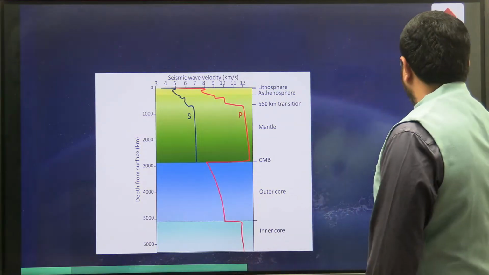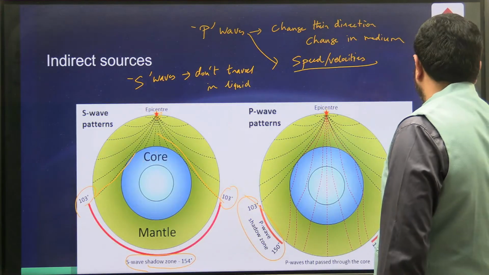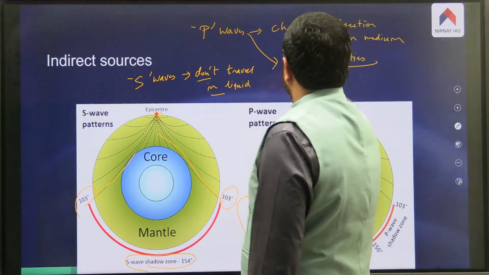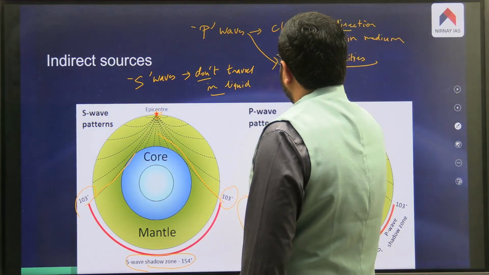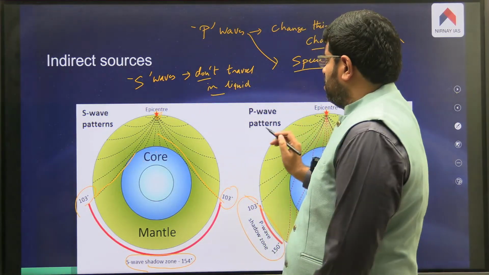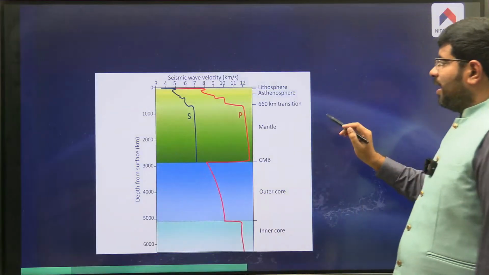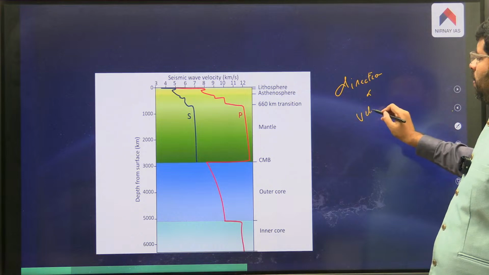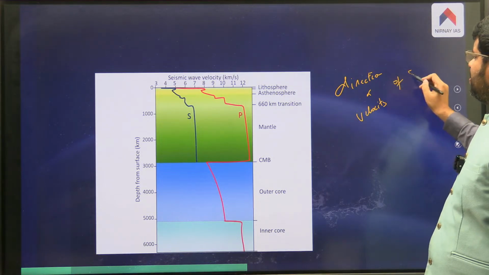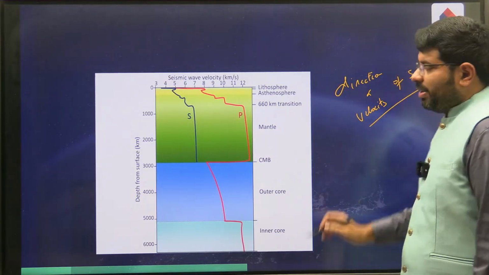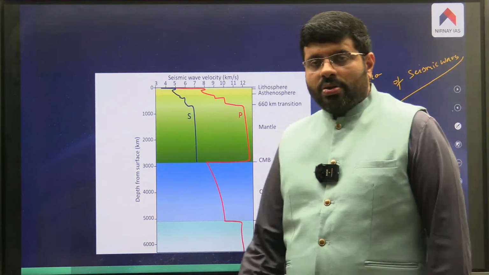So simply remember, S waves don't travel in liquid. Primary waves change their direction and the speed varies. With these things, based on the direction and the velocities of seismic waves, we got to know something about the interior of the earth.